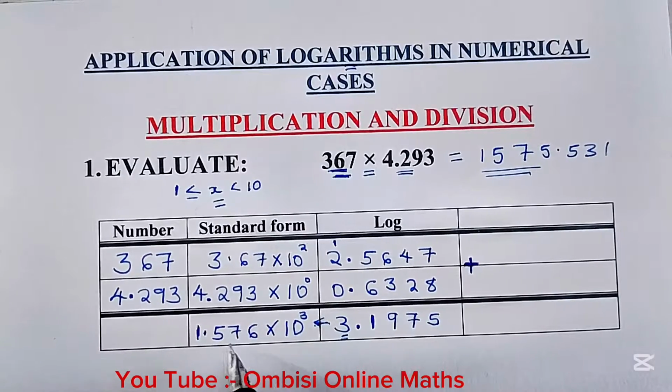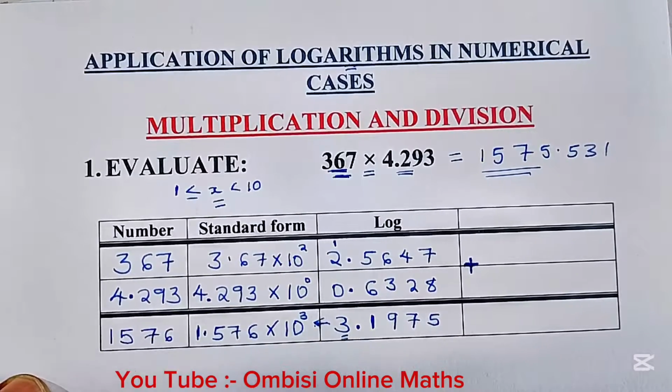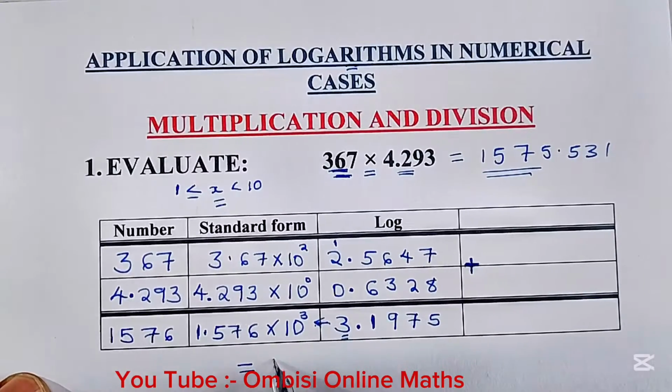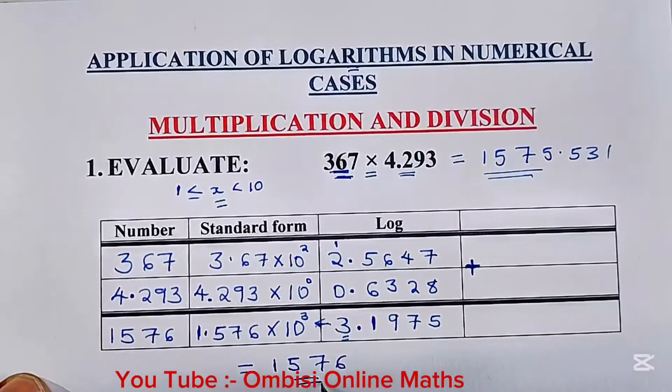So 1.576 multiplied by 10 raised to the power of 3, that means the decimal point moves ahead 3 steps and you end up with the number as 1576. So the answer to this particular question becomes 1576.